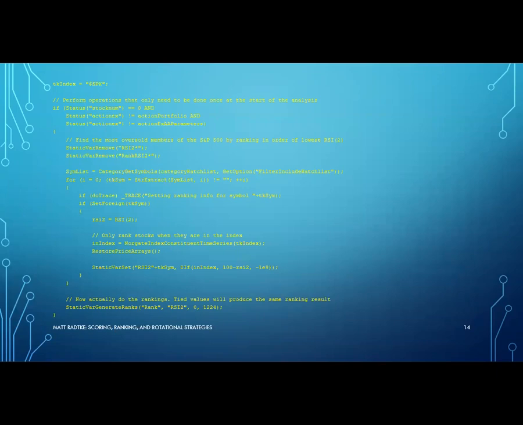And then the next thing that we want to do is see if this is a value that we really want to rank. Our original goal was find the top 50 symbols based on some criteria, which is RSI2 in this case, in the S&P 500.